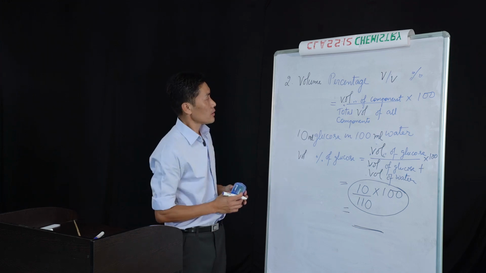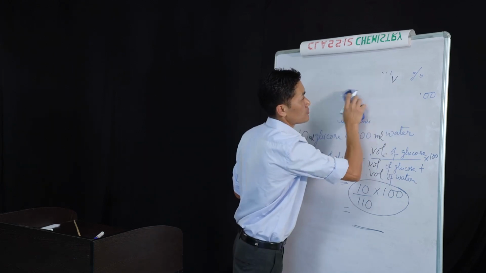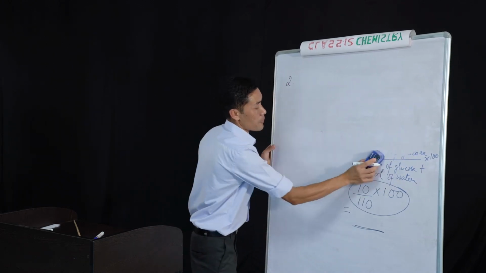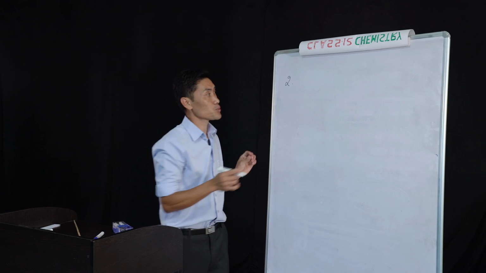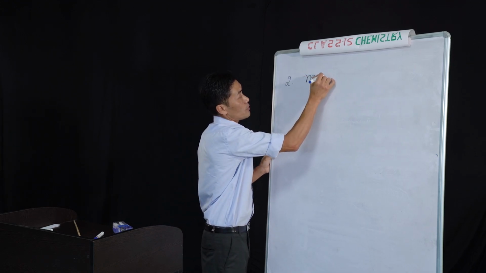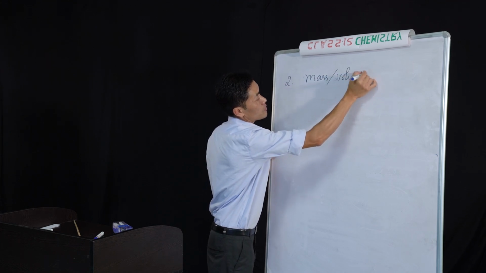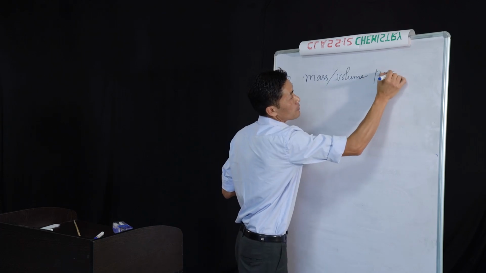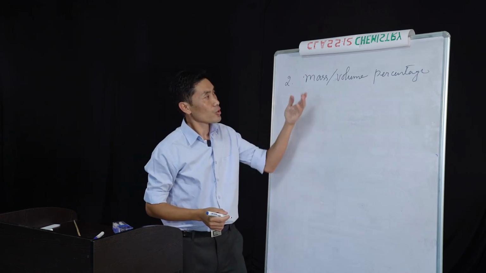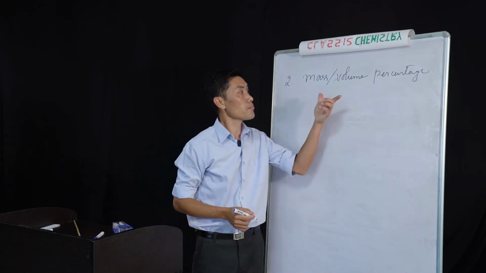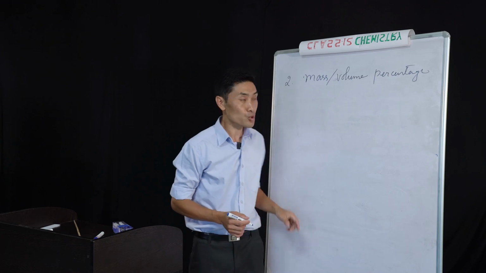The third one is mass by volume percentage. In this one, we use mass as well as volume. Mass by volume percentage of any solution will be given by mass of the solute that is dissolved in 100 ml of the solution.